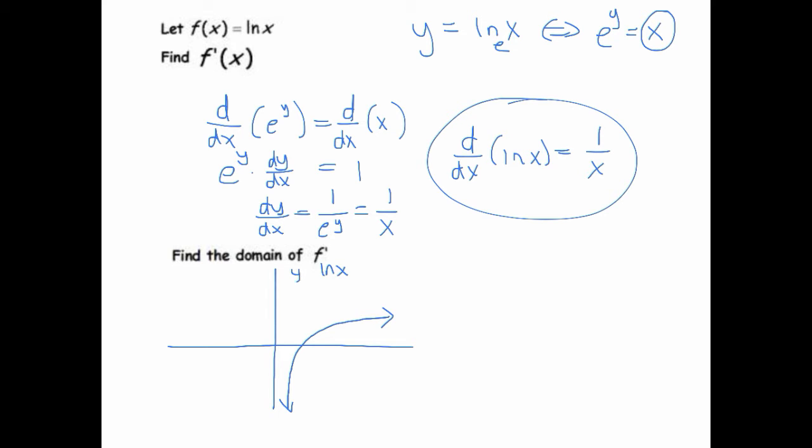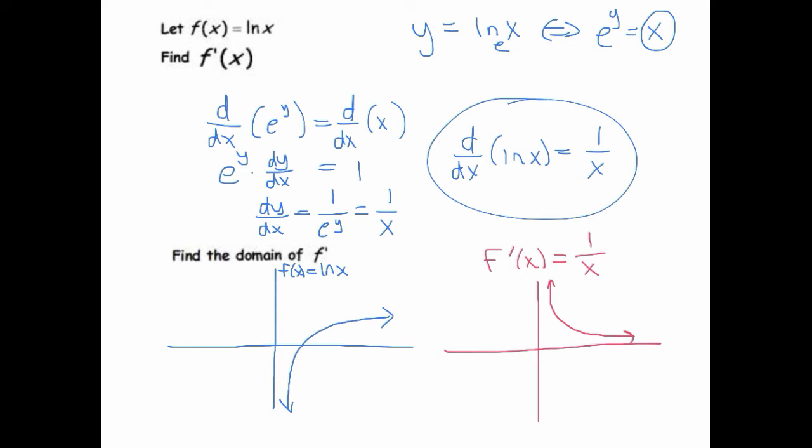So there's y, or let's say f of x equals ln of x. Now its derivative we just found was 1 over x. Now 1 over x has a graph that looks like this.